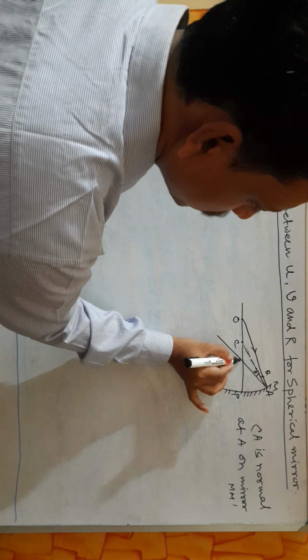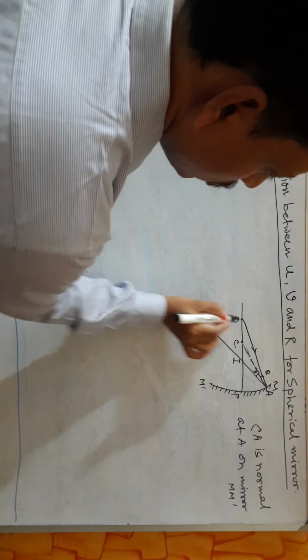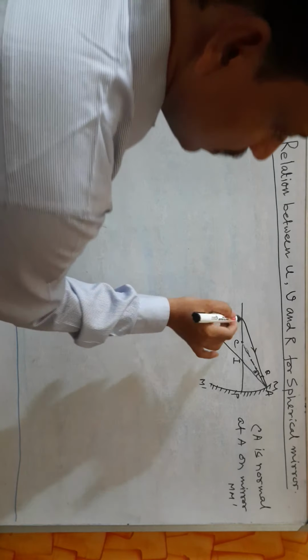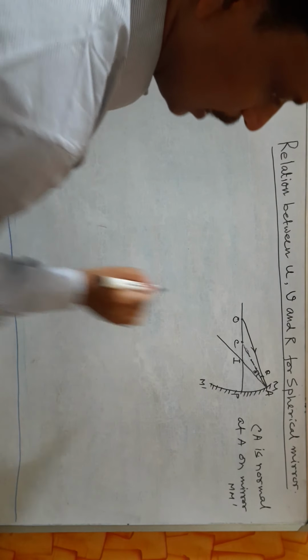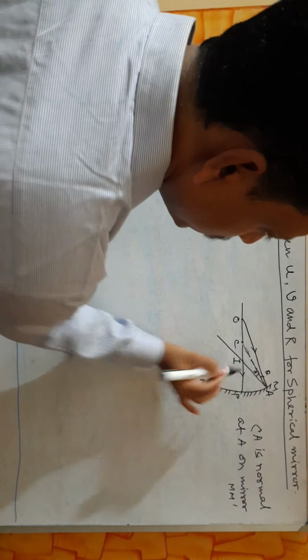The reflected ray and the principal axis meet at the point I. From the point object O there are two rays, one is OA and the other is OP.